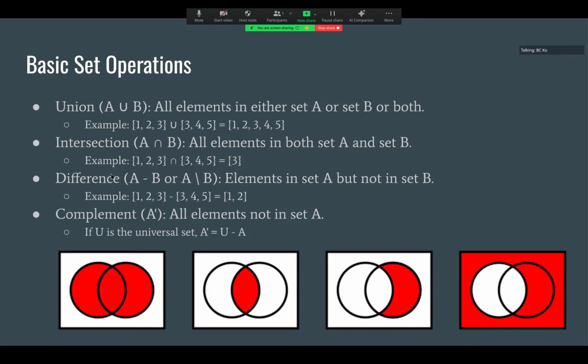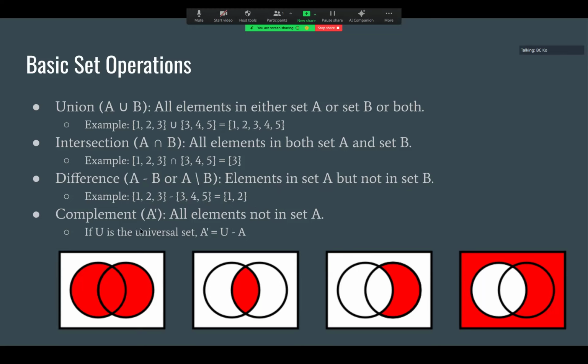The difference of sets A and B, denoted as A difference B, includes elements that are in set A but not in set B. So if we have set {1, 2, 3} as A and set {3, 4, 5} as B, then A difference B is equal to {1, 2}.